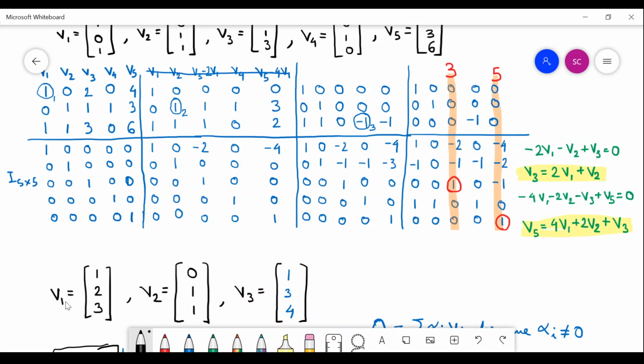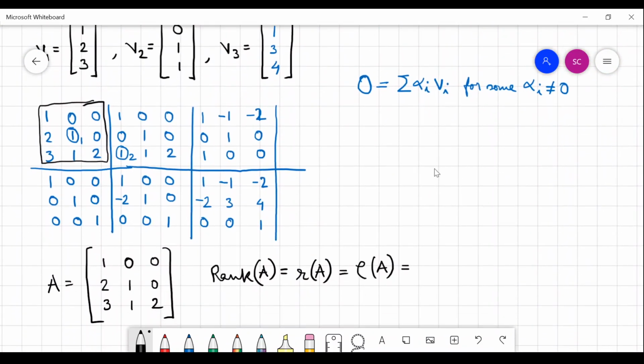So when you replace these vectors with the columns of the matrix, what you are getting is the number of independent columns in the matrix, which is the rank of the matrix.